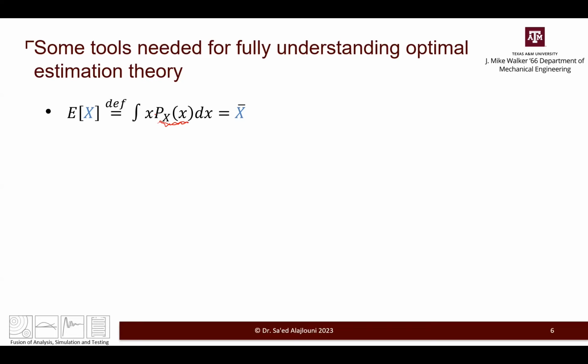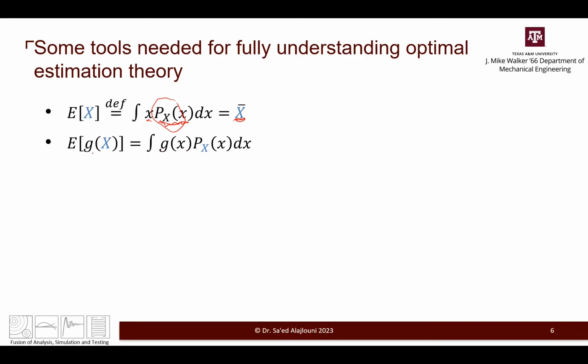It denotes the weights that each value of this random variable takes. And then we're doing just a weighted sum to get the expected value of x. In this case, this is the mean value of x, which is x bar. And one of the axioms of probability is that the sum of all the weights, in this case, if it's a continuous function p, then the integration of all weights, must be 1.